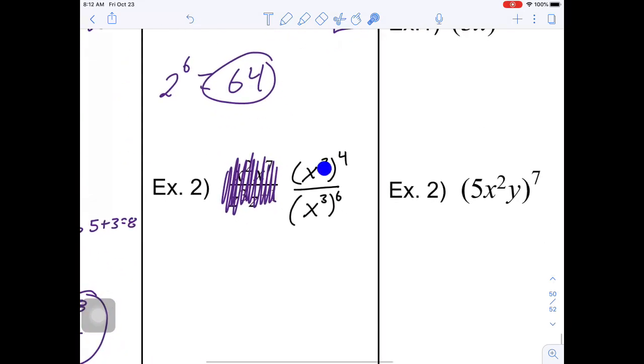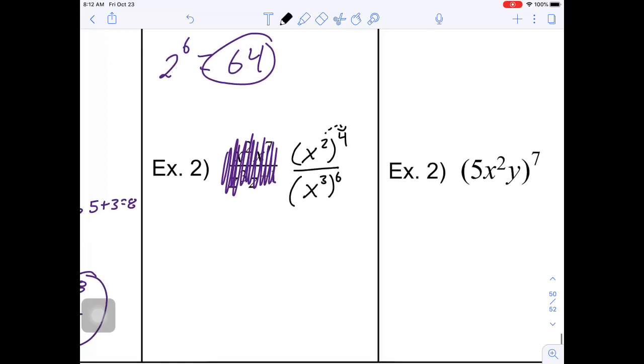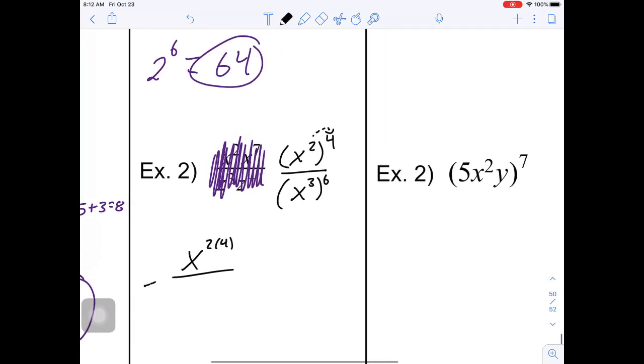So here, I'm going to do 2 times 4. So that top number will become x to the power of 2 times 4, and that bottom number I can also apply my power of a power law. So that'll be 3 times 6.